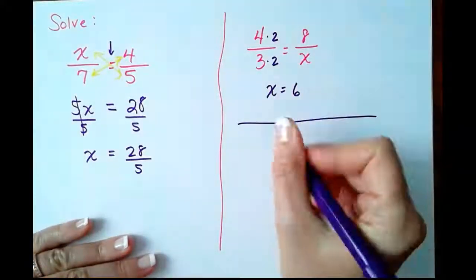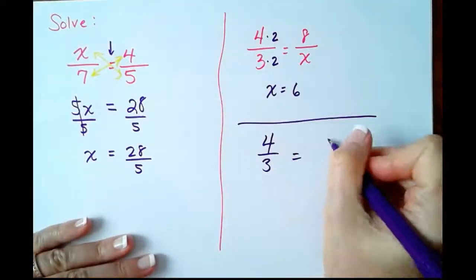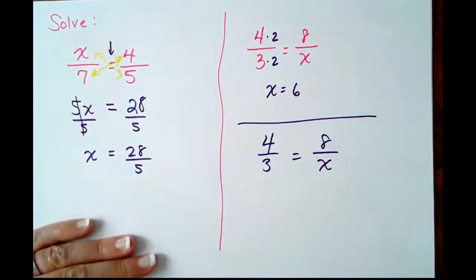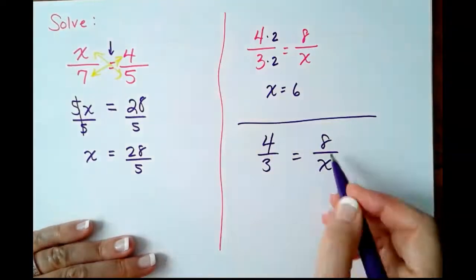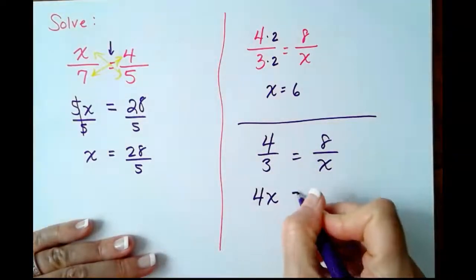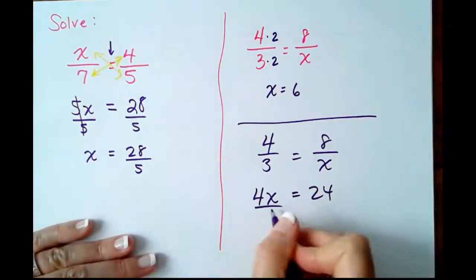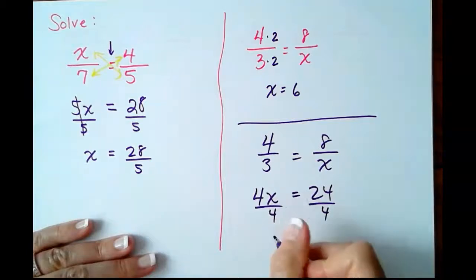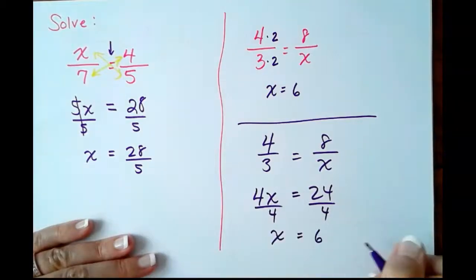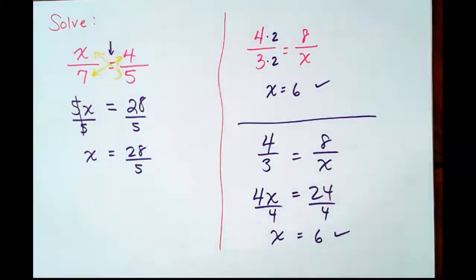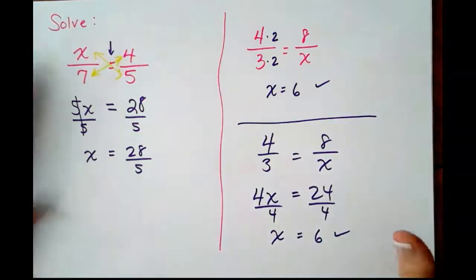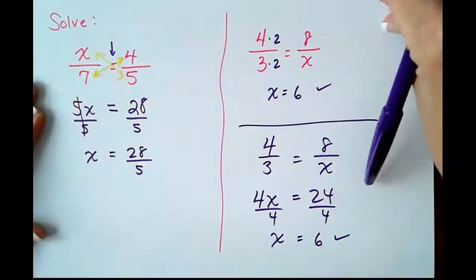But if we use cross multiplication, it's still going to work. Let's check it out. Cross products, 4x equals 24, divide by 4, divide by 4, x equals 6. So we get 6 either way. And either way is perfectly fine for solving that proportion.